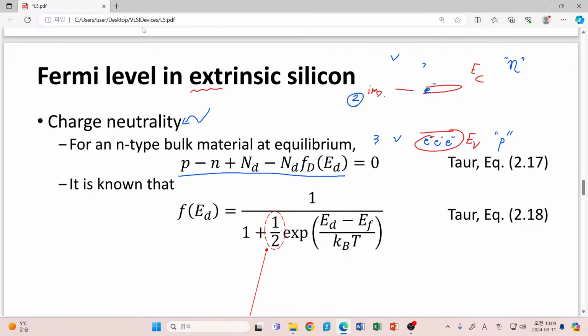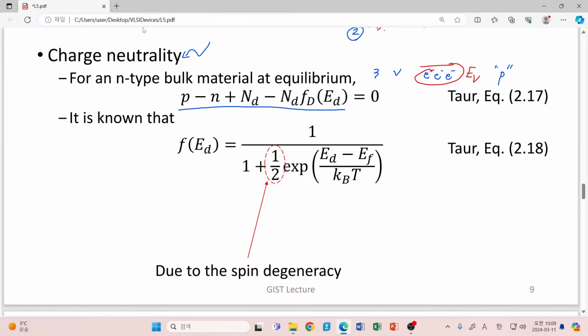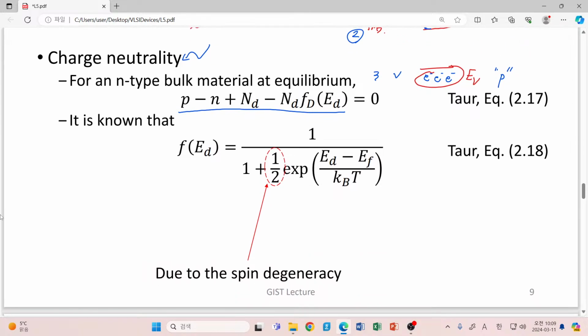But this is a little bit confusing when we can express or apply this charge neutrality condition. For example, even at equilibrium case, can we apply the charge neutrality condition to our device?